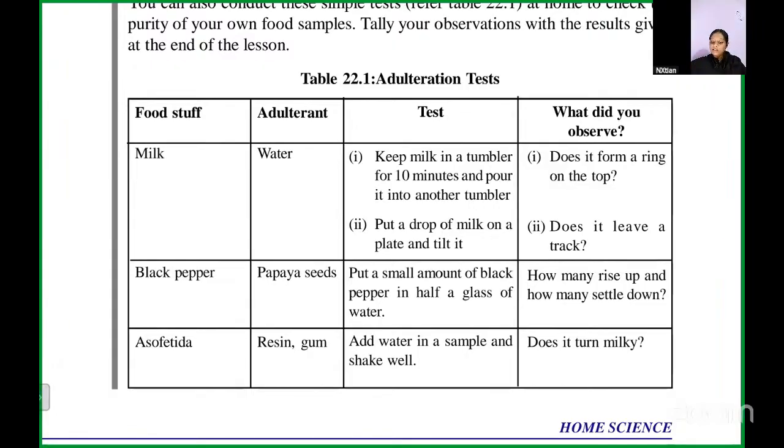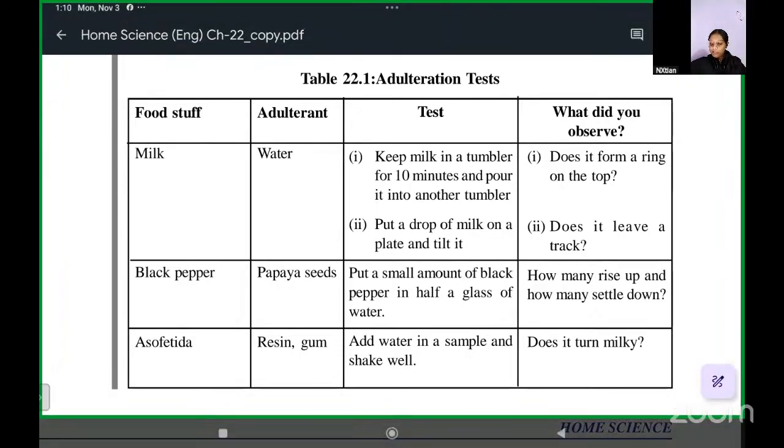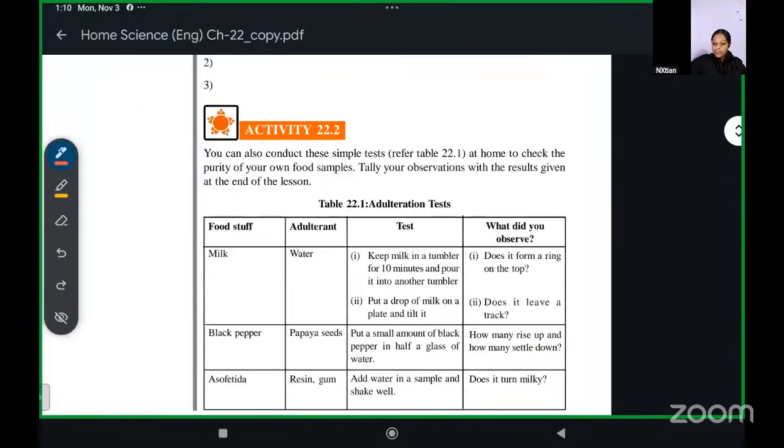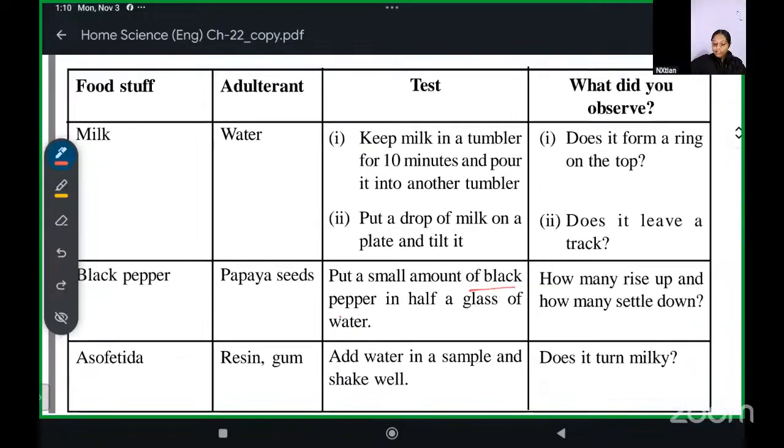How to test that? Put a small amount of black pepper in half a glass of water. How many rise up and how many settle down? I think the ones that rise up are black pepper, and the ones that settle down are papaya seeds. Let me just confirm this and tell you.